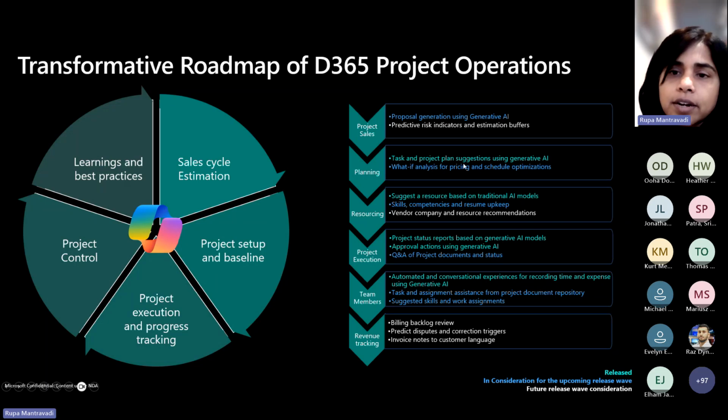Whatever you see here in green is something that we have already released: capabilities powered by AI that are already released in Project Ops. A few highlights: suggest a resource to a project manager, status reports, approval actions, time and expense generation. All of these have been released, but there is a significant amount of investment being put in to improve the maturity of these capabilities and take the user experience to the next level.